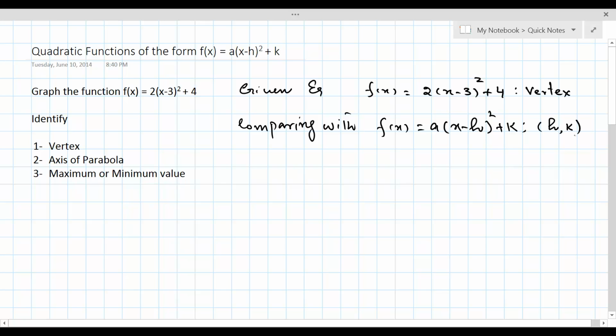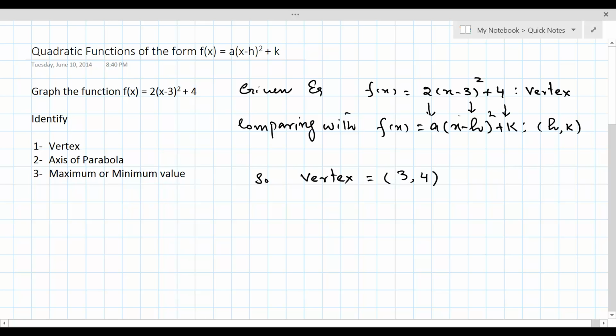If we align both of these equations, then h has been replaced with 3 in the current equation, k has been replaced with 4, and a has been replaced with 2, which suggests that the vertex is equal to (3, 4).